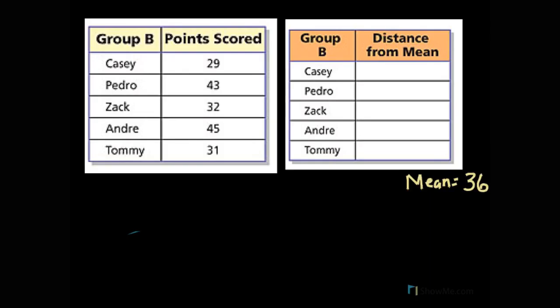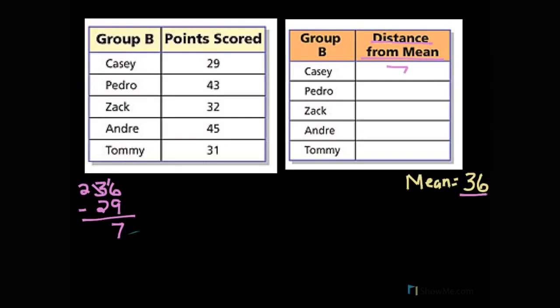Now that you know the mean, you can easily find your mean absolute deviation, which is your distance from the mean. So I'm going to get you started. I'm going to take my mean of 36, and I'm going to subtract Casey's score of 29 to see how far from the mean it is. 7.